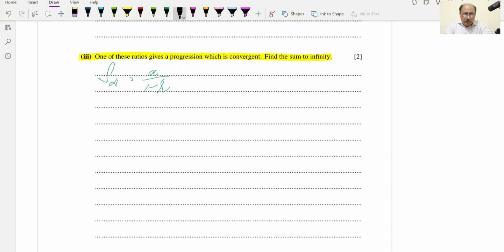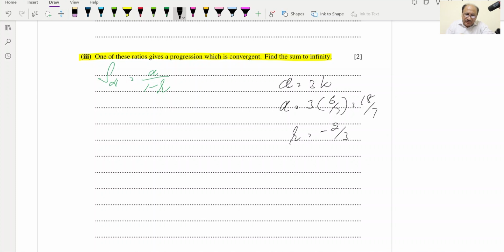So a is equal to what? a is equal to 3k, so a will be equal to 3 into 6 by 7, which is equal to 18 by 7, and the r value is equal to minus 2 by 3.